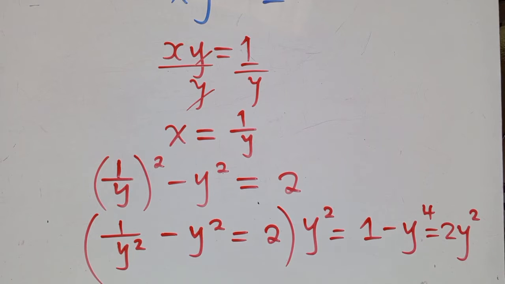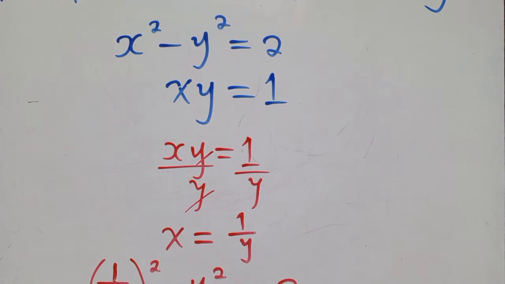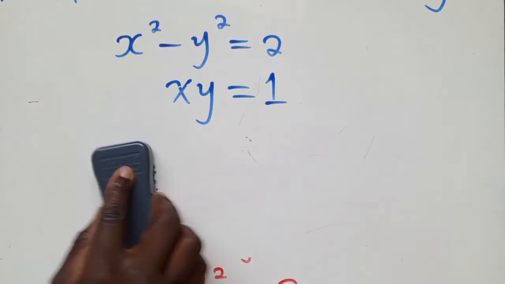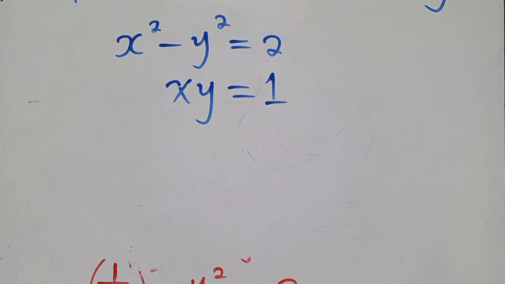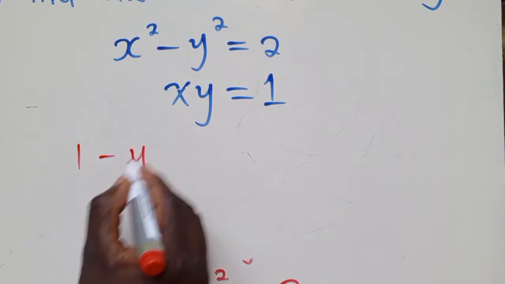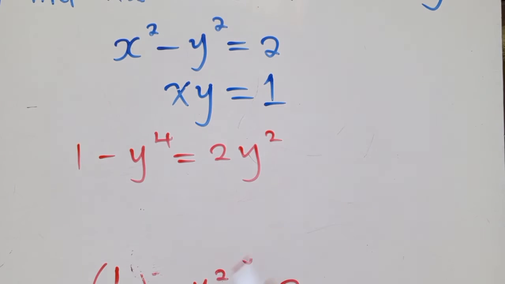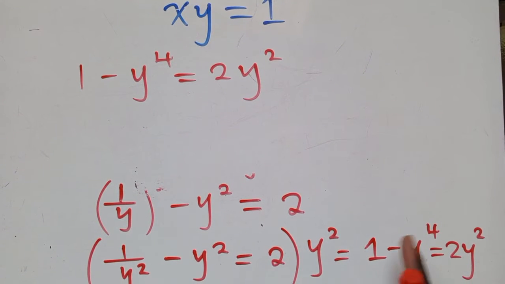So let's put it in standard form. We're going to copy it and write it somewhere here. We have 1 minus y power 4 is equal to 2y power 2. So I've just copied what is right here.